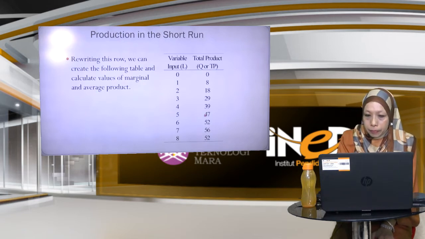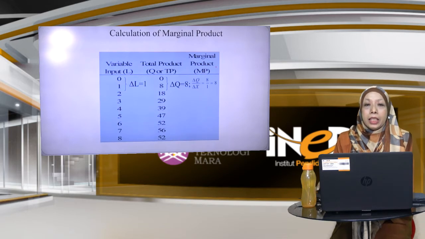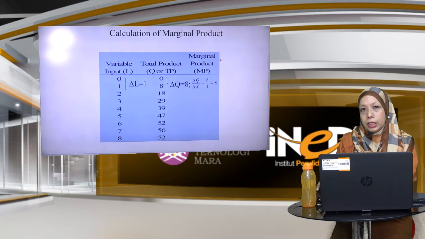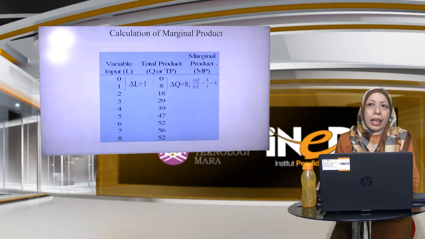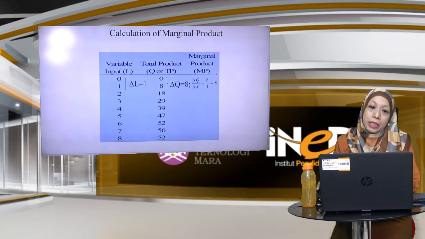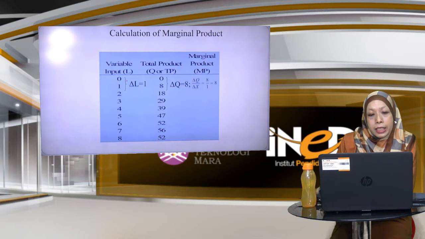This brings us to the concept of marginal product. If you recall just now, marginal product allows us to identify the extra output generated by each additional labor that you hire. So if you can see here, when labor is 0, total product is 0.